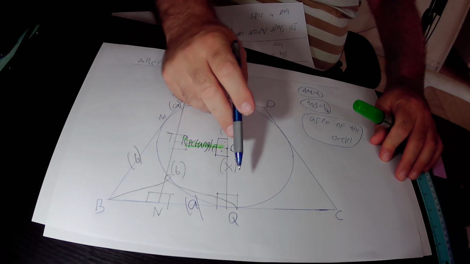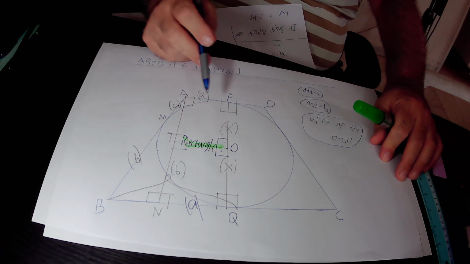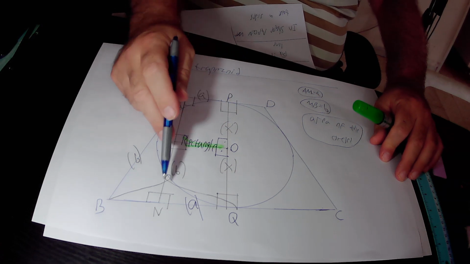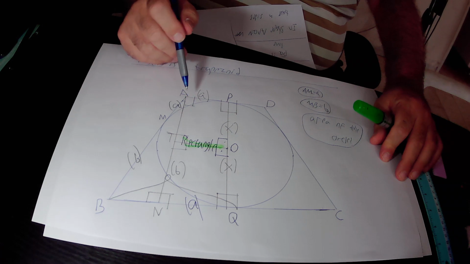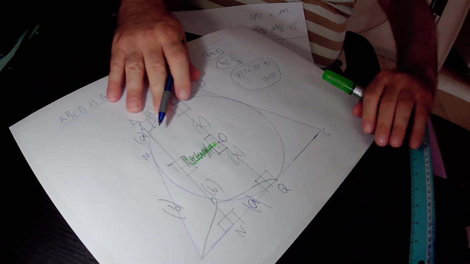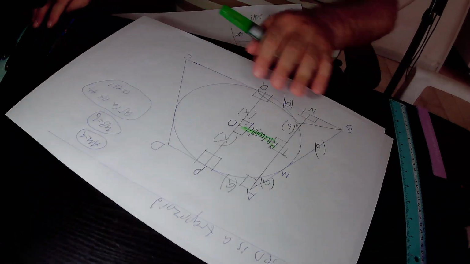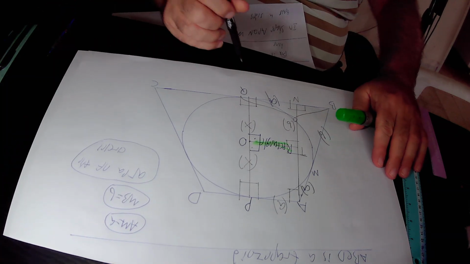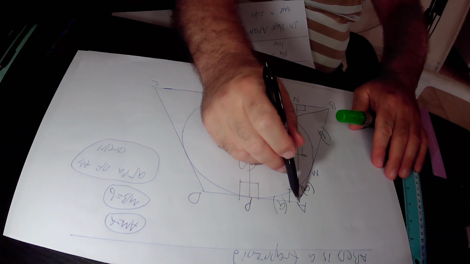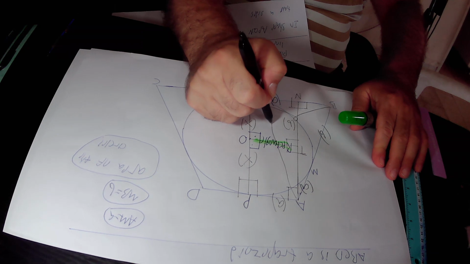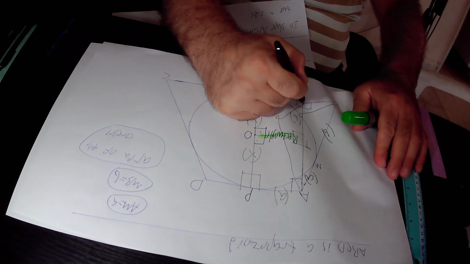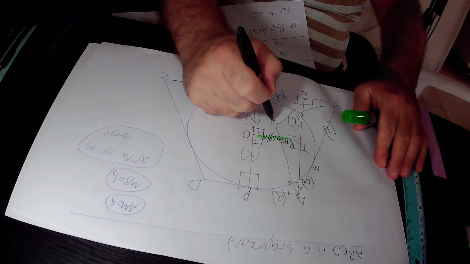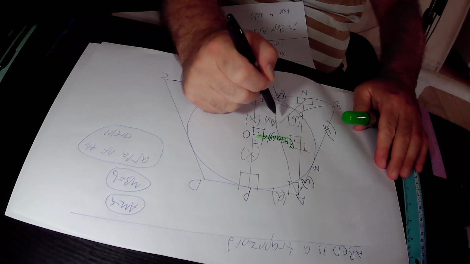But PQ in total equals x plus x, that is 2x, therefore the opposite side AN must also equal 2x units in its length.